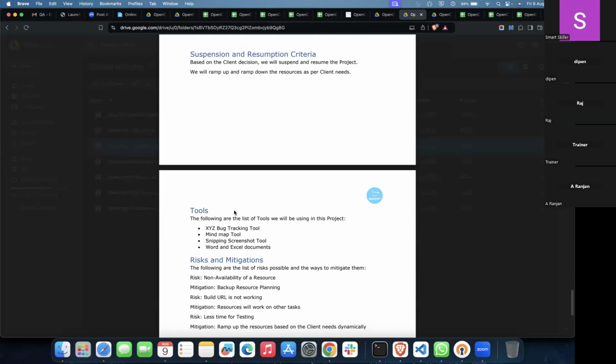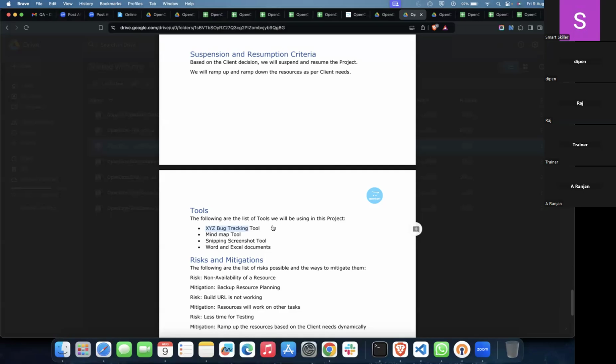There are a few basic tools that are required for manual testing also. And without those tools, you won't be able to do manual testing effectively. So let's start our discussion about those tools.